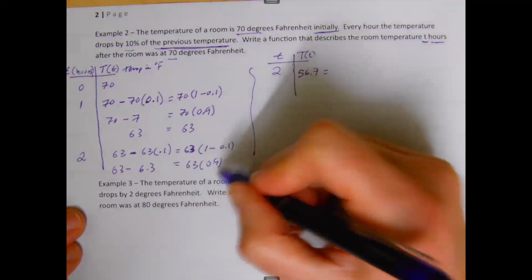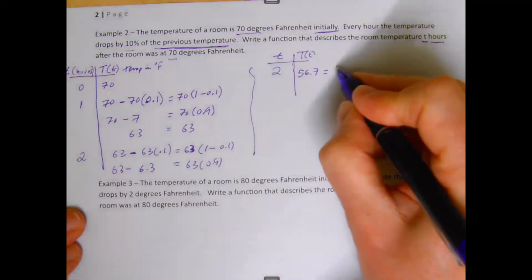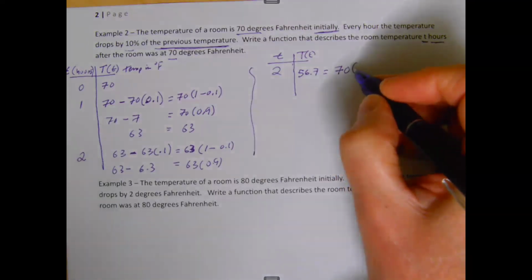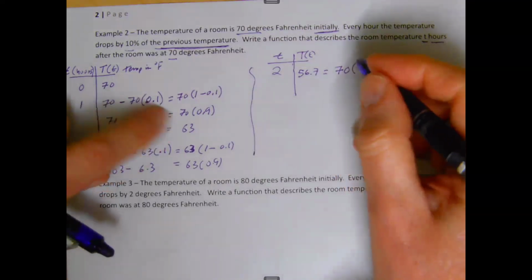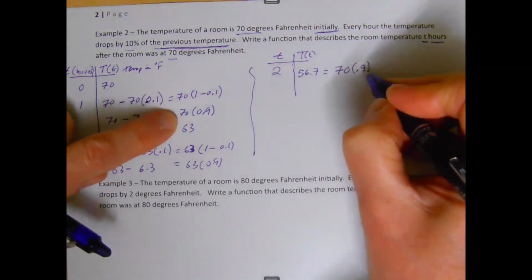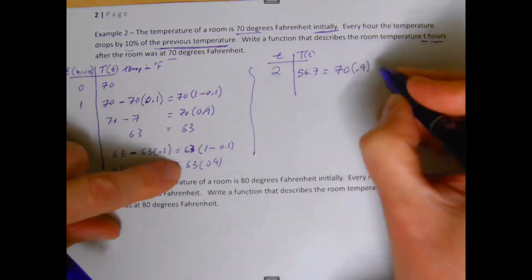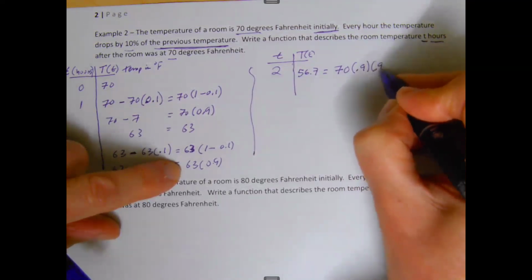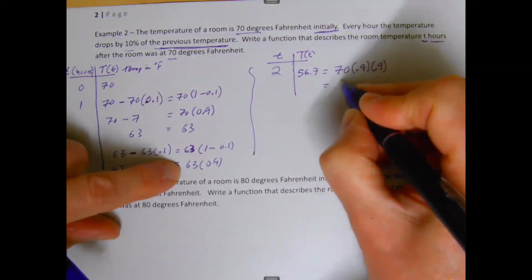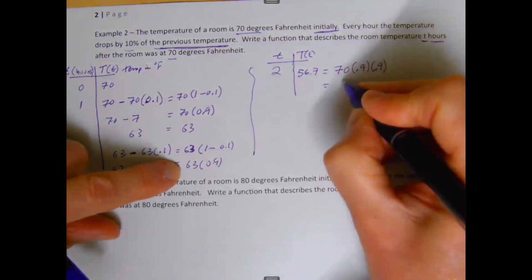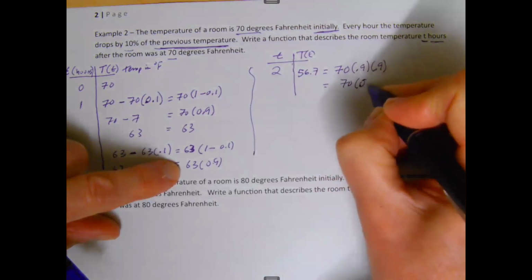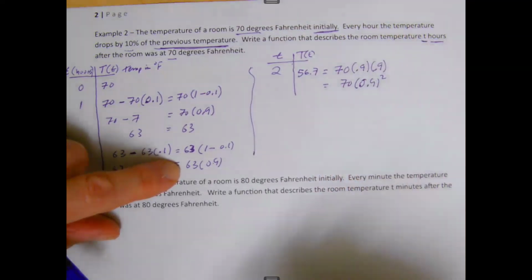But as a reminder, how do we get here? To get to T equals 2, I start out with 70. Then I took 90% of it. And when I got to 63, I'm taking another 90% of it. So really, to get to this 56.7 degrees Fahrenheit, I'm taking 70 and multiplying twice by 0.9, so 0.9 squared.